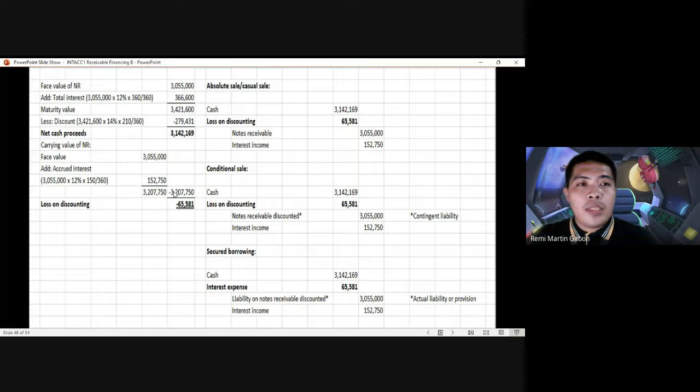Now the difference will be treated as a loss. Why did we say it is a loss? Because we received less than what we have disposed. Okay? We disposed 3,207,750 but we received only 3,142,169.